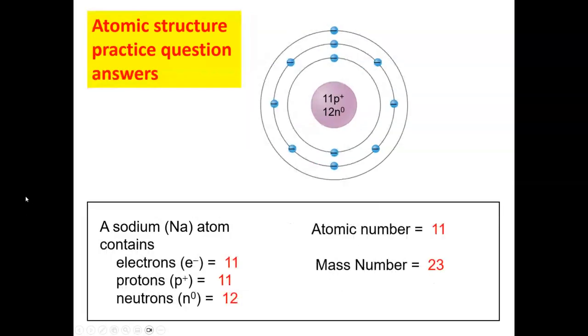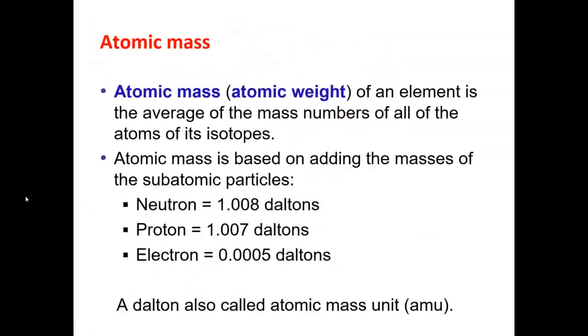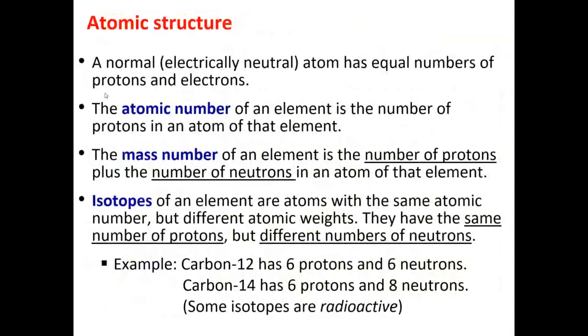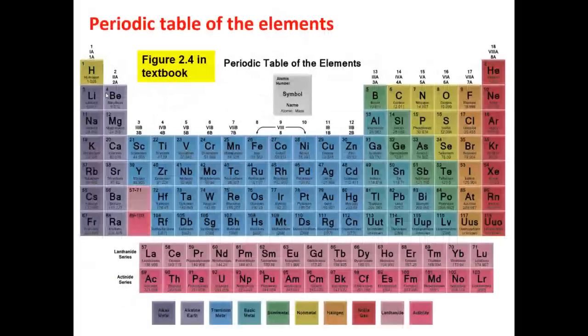There's another example, practice questions. This concept called the atomic mass or atomic weight. I don't want you to worry about this, but I'll explain briefly what that means. We'll look at this periodic table again.